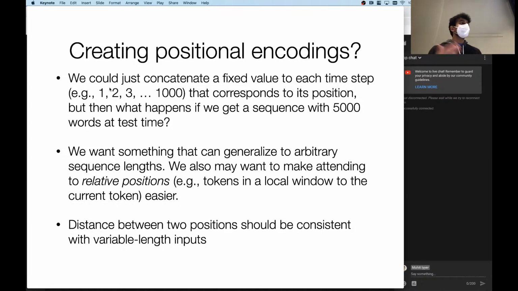However, this has the same problem as the learned embeddings, right? If you do this, you're not going to be able to generalize to sequences that are longer than what you trained on. And empirically, it seems to work better if you actually learn a full vector embedding of the position rather than these fixed values. Probably because there are some nice properties of relative position that the model can learn if you give it a full embedding versus just a fixed number.